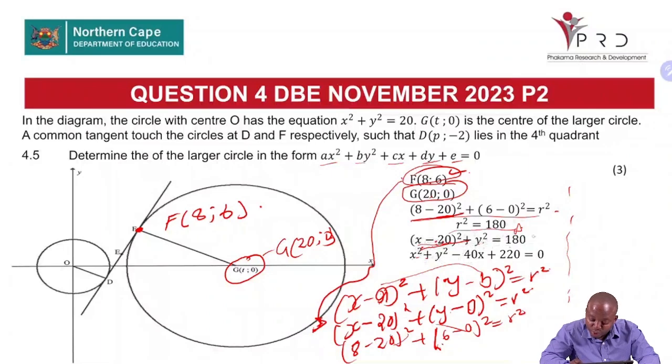So in this case, we have x squared, minus 20 and negative 20 is negative 40x, and 20 times 20 is 400.